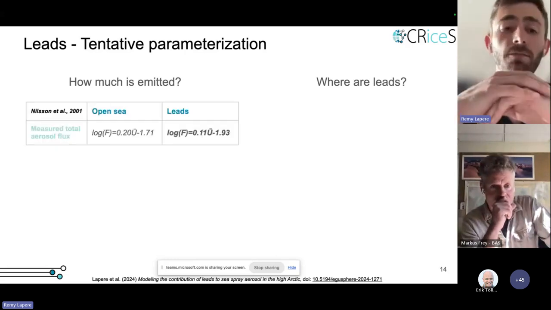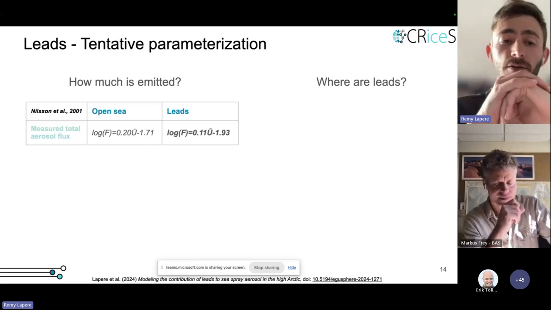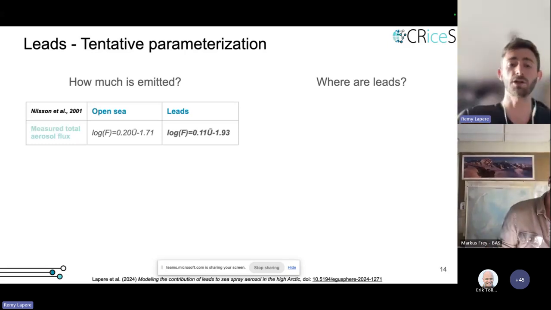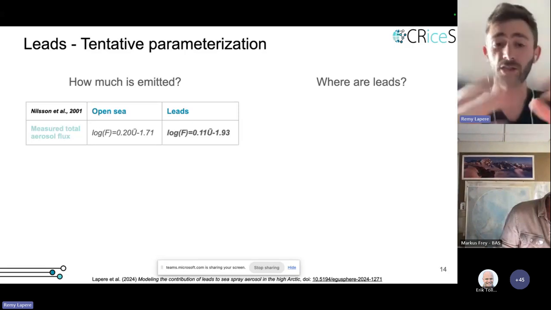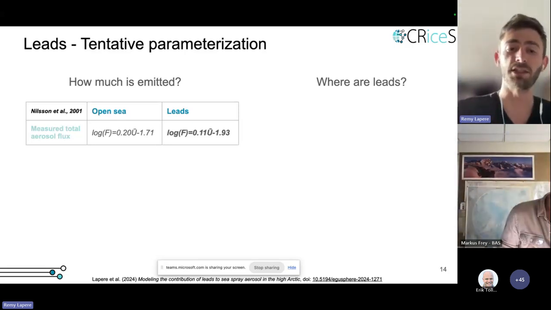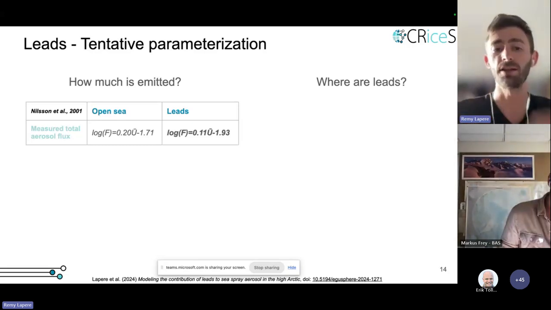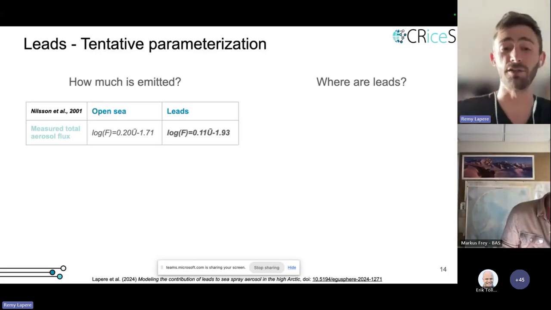For the how much, we use data from the Arctic Ocean 96 expedition, where they measured total aerosol flux over open ocean and over leads in the Arctic. This is super interesting data, but for modeling purposes, the problem is that we need that flux for each different size of aerosols. This is just an aggregated flux for all sizes that's only dependent on wind.